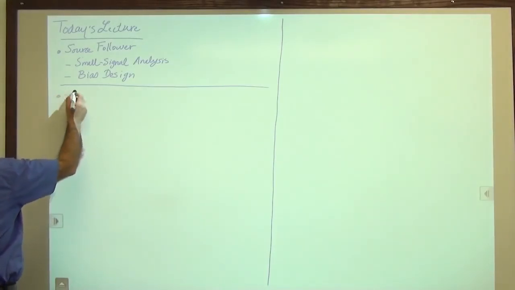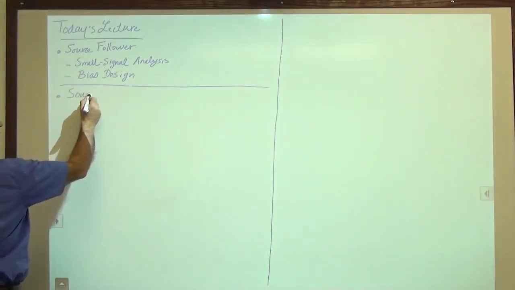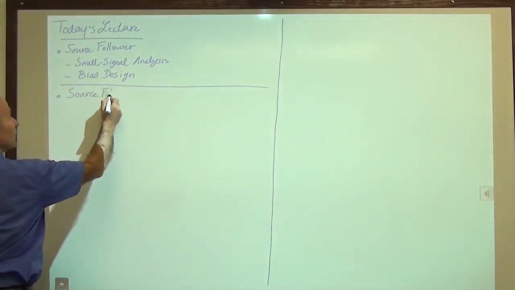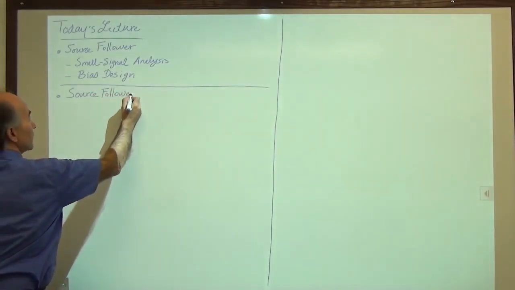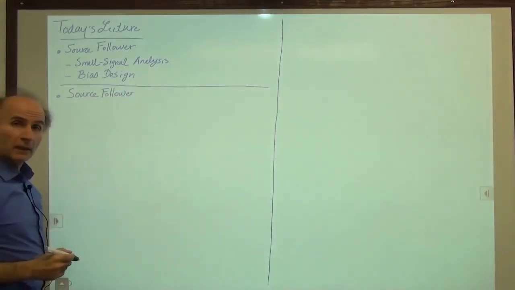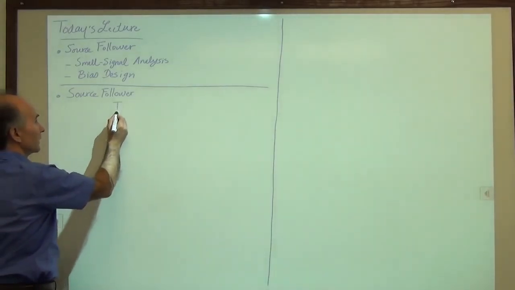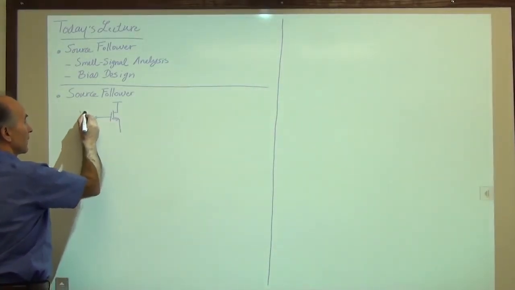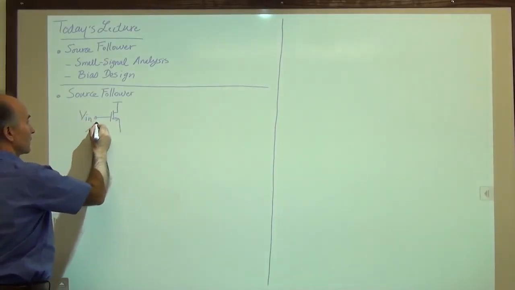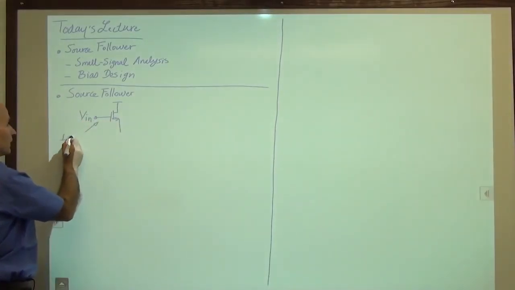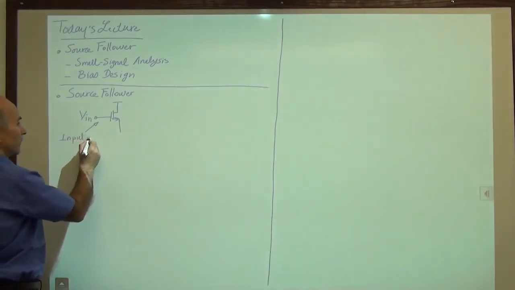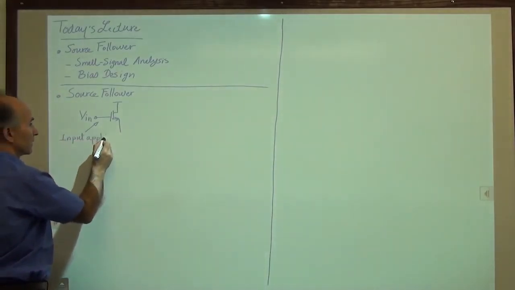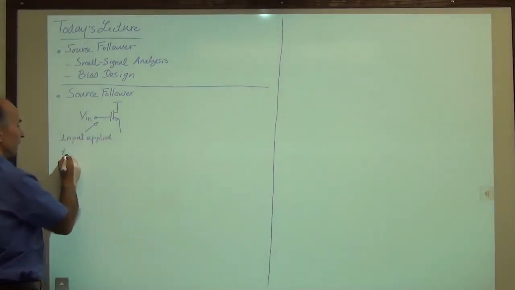So let's look at the source follower topology. In this case, we have the input coming to the gate of the transistor. So we say input applied to gate.